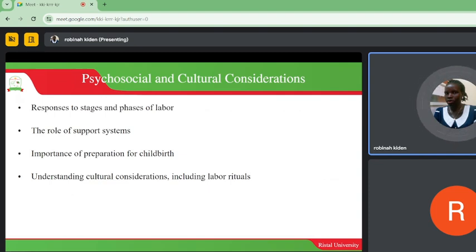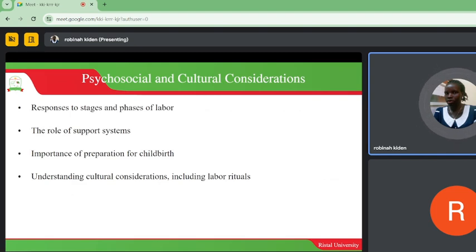Who is there to support her? Who is there to give her help in case she needs further management that is not available at that center? What is going to happen? Is there someone to move with her? According to the culture, do they allow the husband to be with her, or should it be only a female person to be together with her?